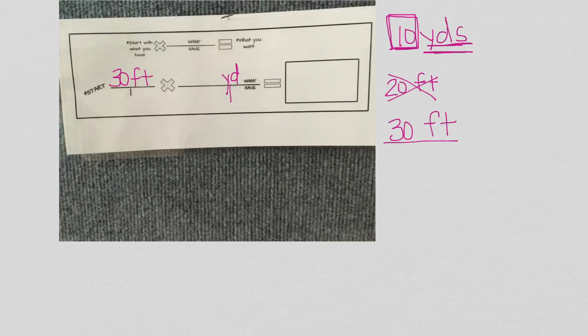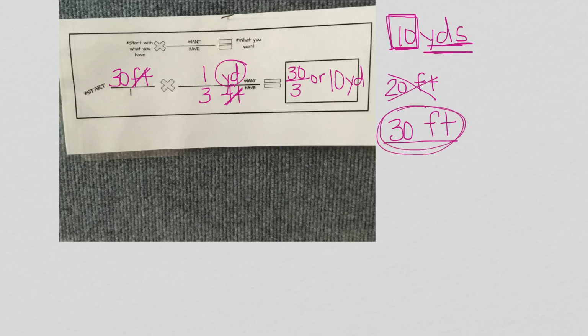And I have feet. Now I'm going to use my conversion. How many feet in a yard? 3 feet in 1 yard. I cross off my feet because I'm looking for yards. I multiply straight across and I get 30 over 3. Or if 30 divided by 3 is 10, and I was looking for yards, so 10 yards. So this is correct, so I would circle that.